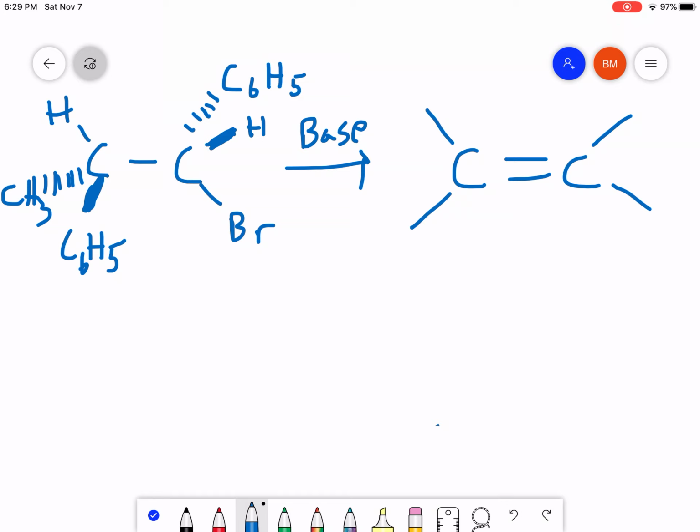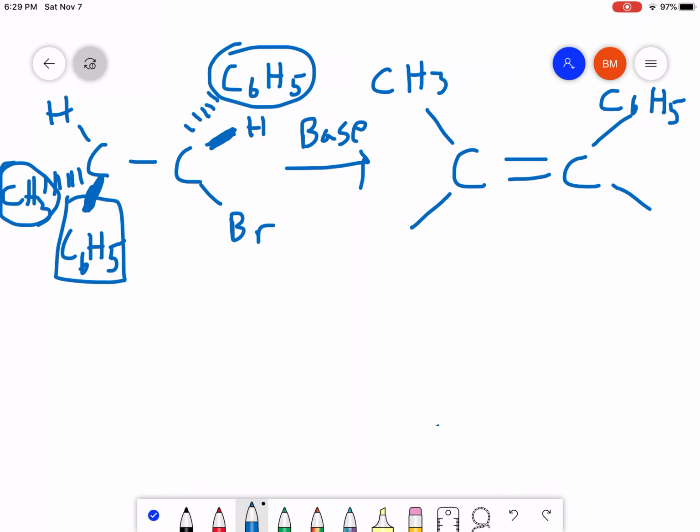we see that this group, this C6H5, and this methyl group, they're on the same side, right? They're both on dashes. So that means they're both on the same side of this double bond.